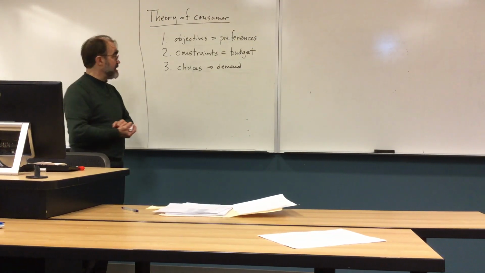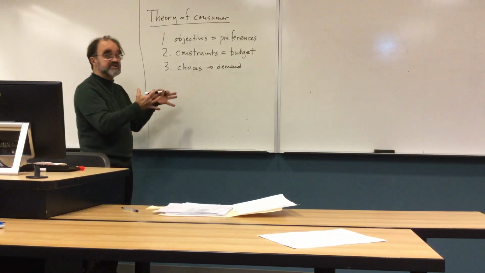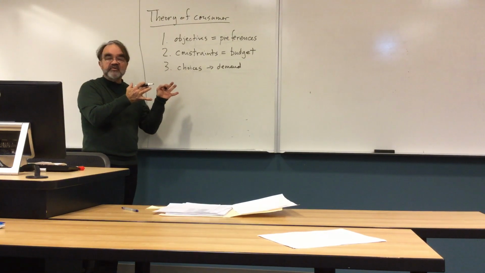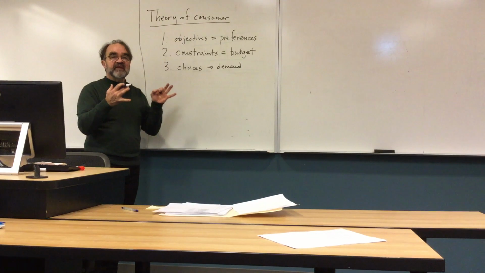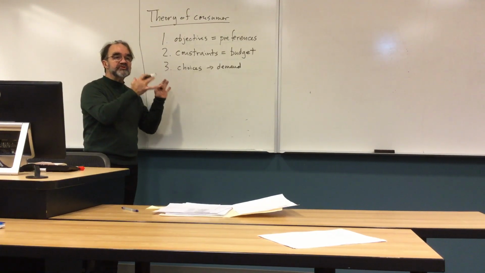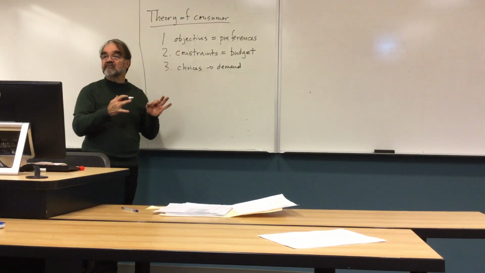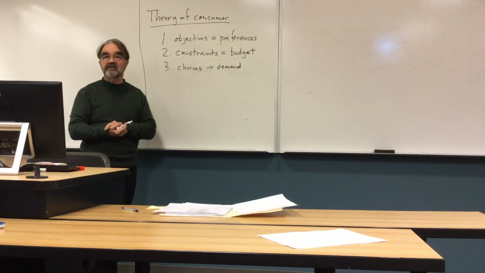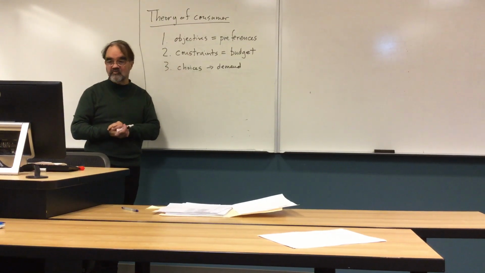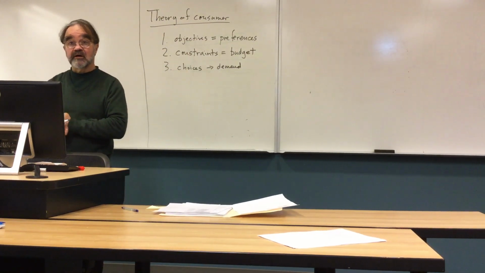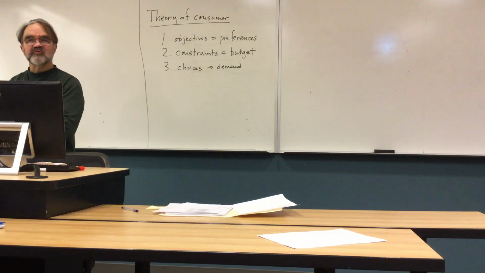But at the same time, while it's a positive theory, there is also arguably a normative component in the sense that maybe this is how people should behave, especially when they have very important decisions to make. This is the slow thinking that Daniel Kahneman talks about in the book that we mentioned in the last class, Thinking, Fast and Slow.